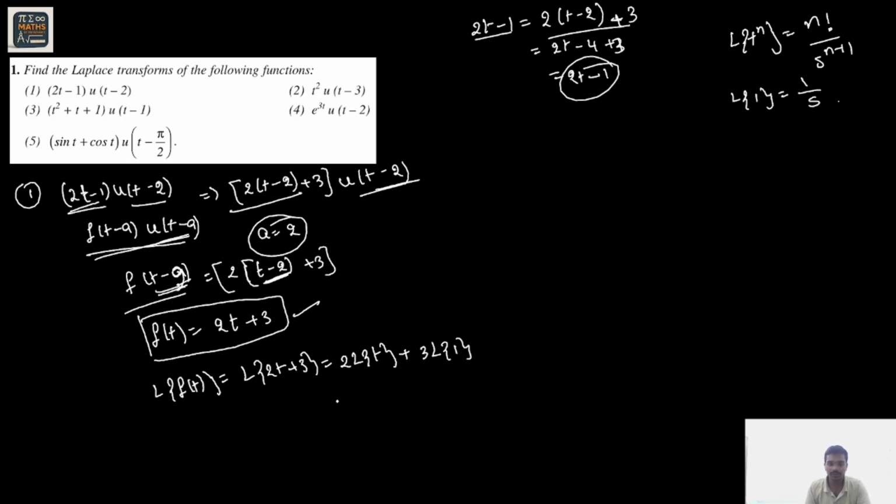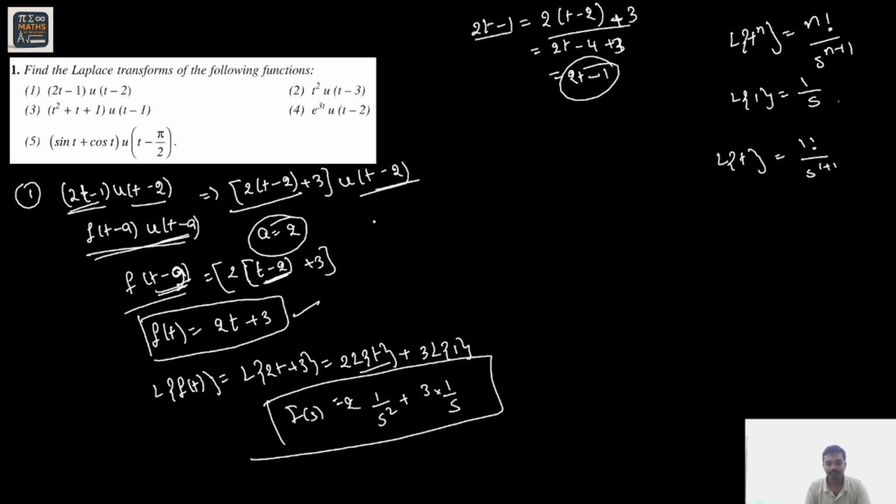By using these two terms, 2 into Laplace of t, here n is 1. So Laplace of t is equal to 1 factorial by s to the power of 1 plus 1, means 1 by s square, plus 3 into 1 by s. This is f of s.